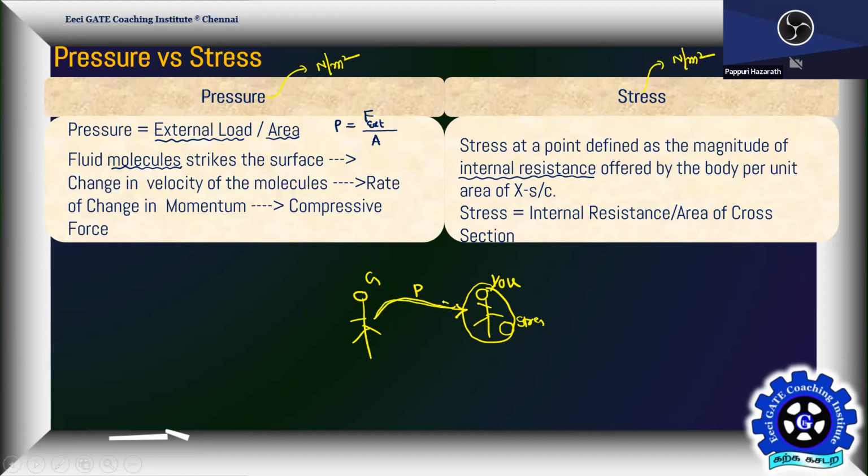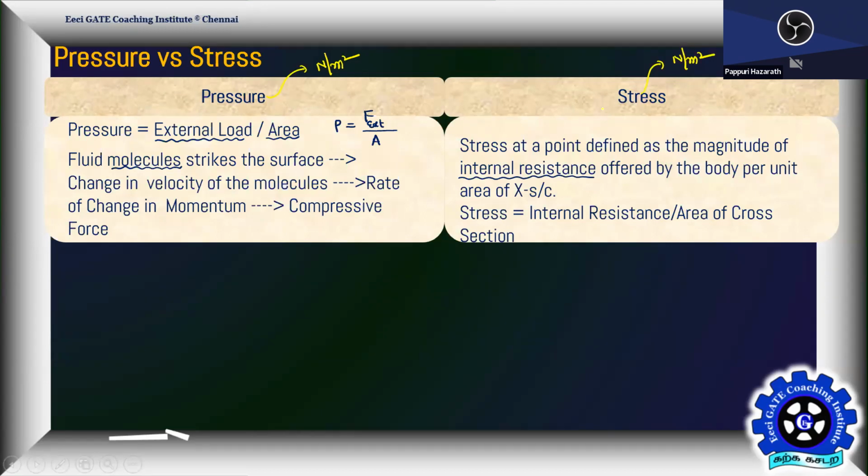Pressure applied externally, stress induced internally. So that is the single line difference between pressure and stress. If someone pressures you, you will feel stress. That feeling should come from internally, pressure applied externally. Pressure is nothing but the magnitude of external force acting per unit area of cross-section.